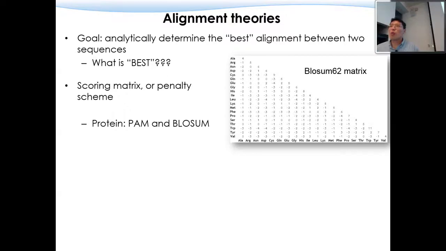That means I found a perfect match. If I have a match, then I give a credit. Did you realize that every number on this diagonal is a positive number? That means you give a credit.